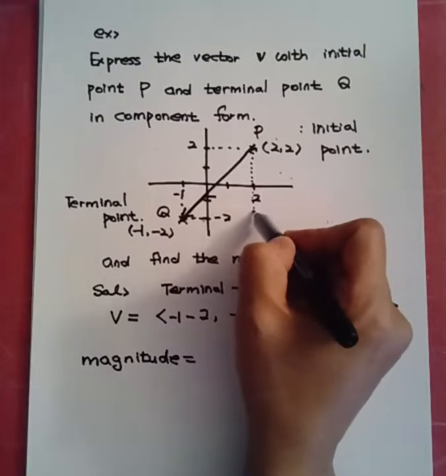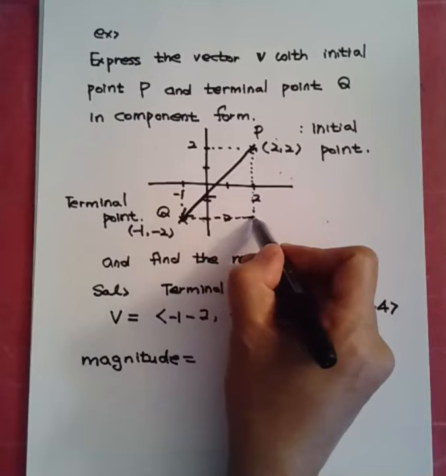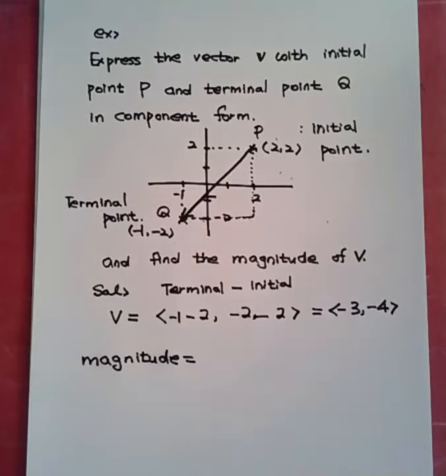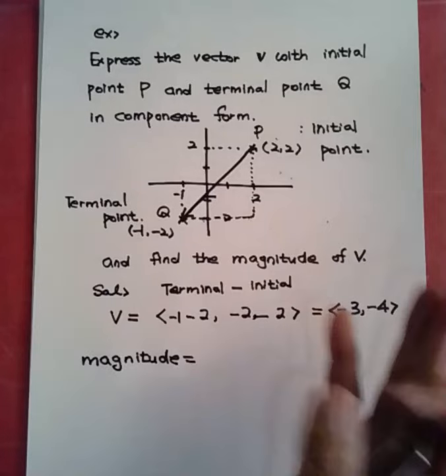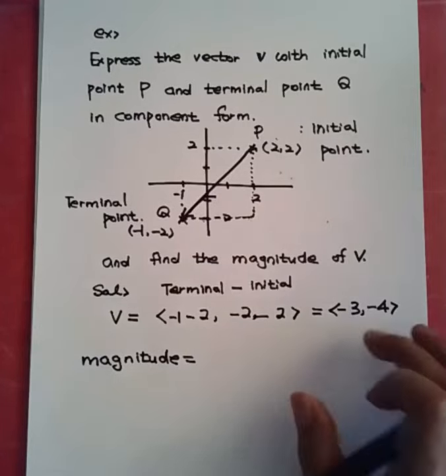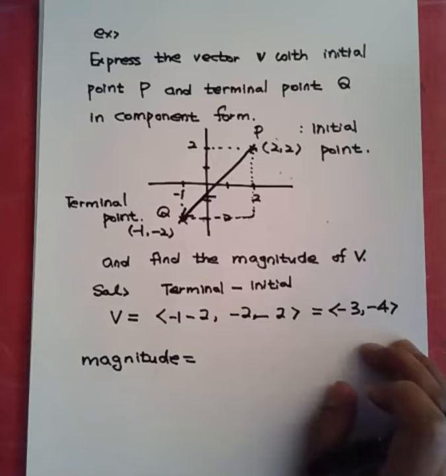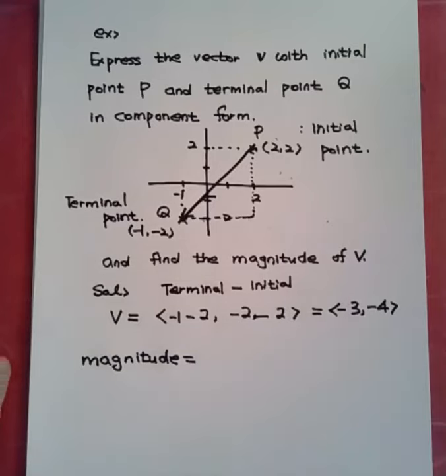The magnitude of the vector can be calculated by looking at the triangle or just looking at the component form of the vector.